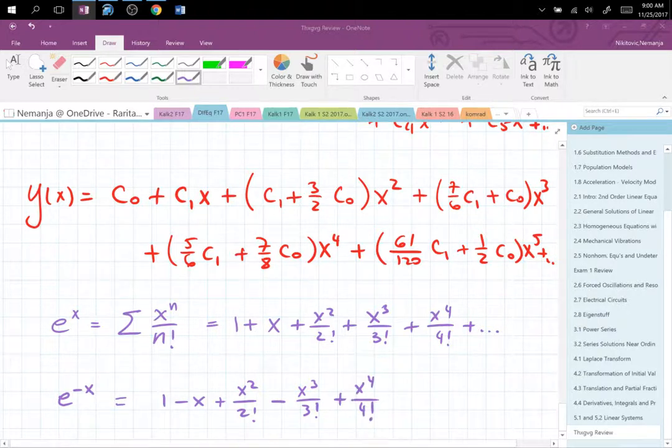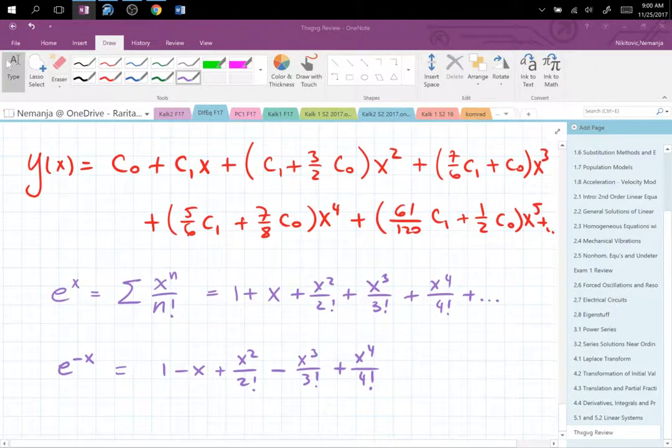Explain why there's no C0. It's a combination of the two terms. So we'll have to figure out what we're going to do.